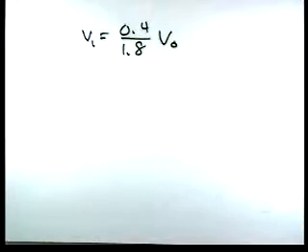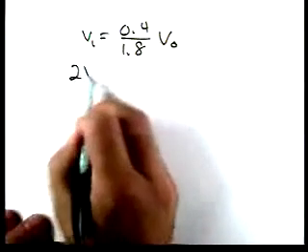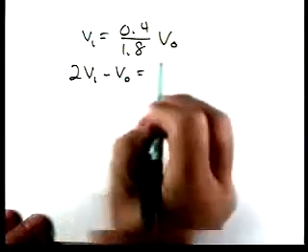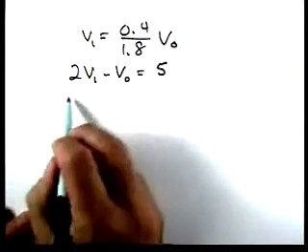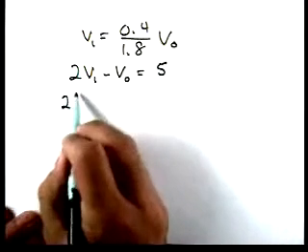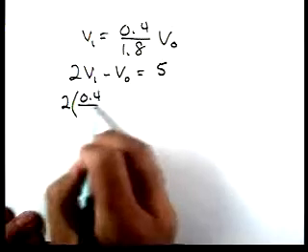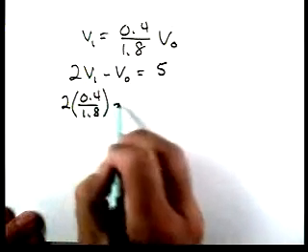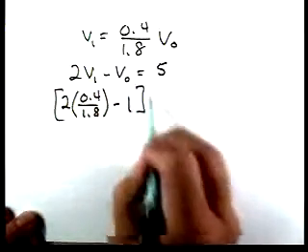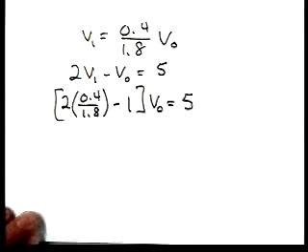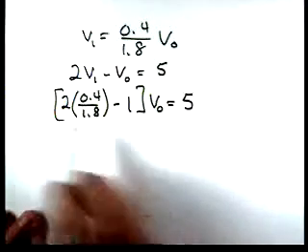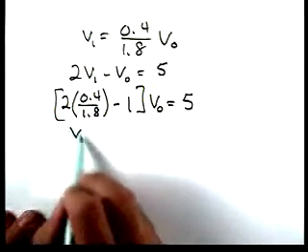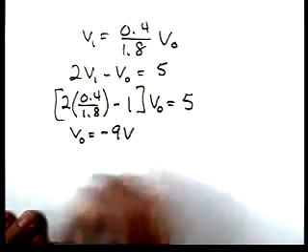And previously we had derived this expression. So now I'm going to substitute in for V1, so we'll have 2 times 0.4 over 1.8 minus 1 times V0 is equal to 5. And if we solve this, this will give us V0 equal to minus 9.